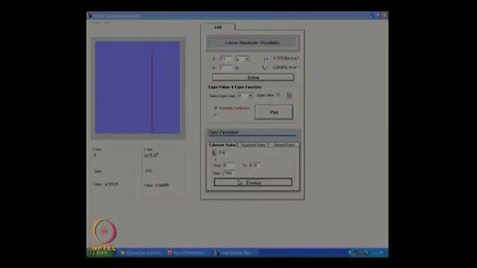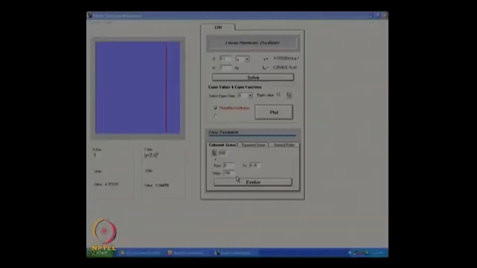The answer is it does not belong to a particular value of E. It is a superposition of a very large number of states, and these different states superpose so beautifully with time, with different phases, that the wave packet oscillates back and forth just as you would see in a classical harmonic oscillator.